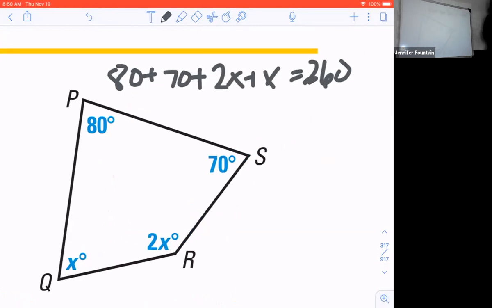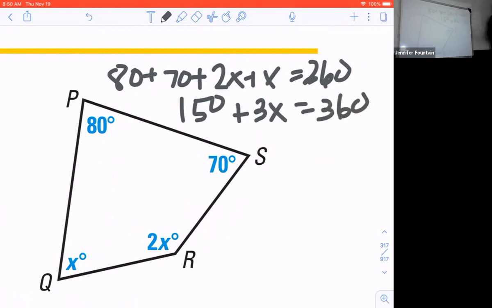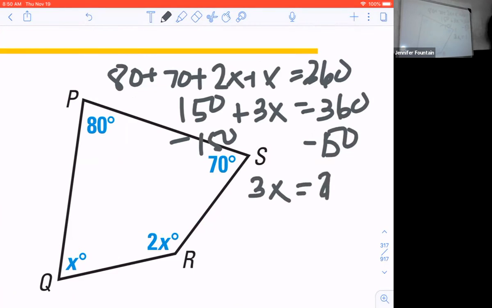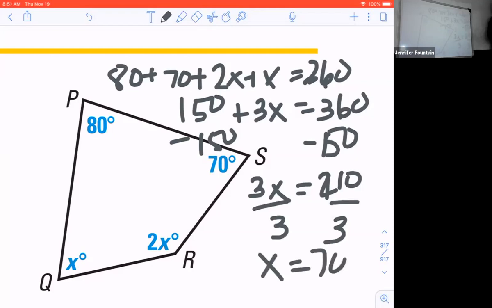Okay, so all I've done is taken each of my measures of my angles and added them together. So 80 plus 70 is 150, and 2x plus x is 3x, so I end up with 150 plus 3x equals 360. Subtract 150 from each side, and I've got 3x is equal to 210. Divide by 3, so x is equal to 70.